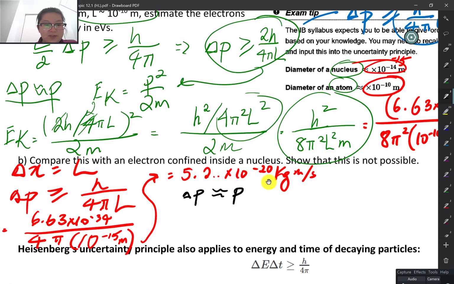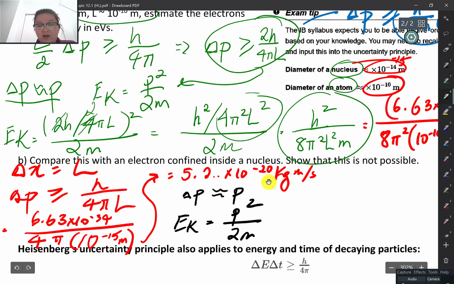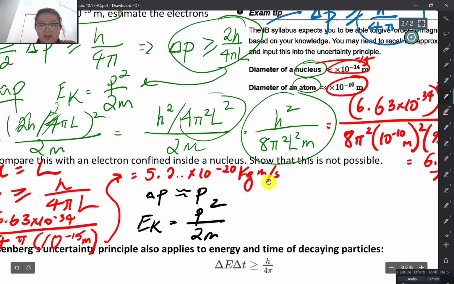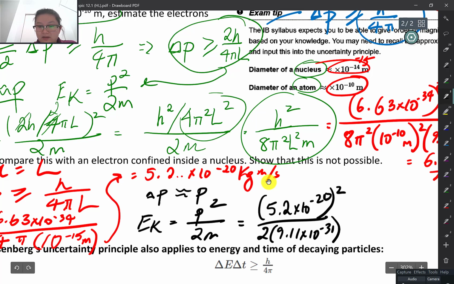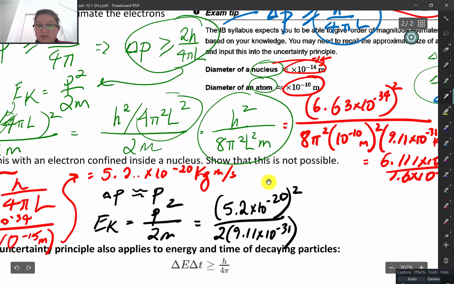We're just trying to do an estimation so that we can use that to find the kinetic energy of this electron. So this is what we get for the kinetic energy, and once we solve this, that is going to be 1.52 times 10 to the power negative 9.